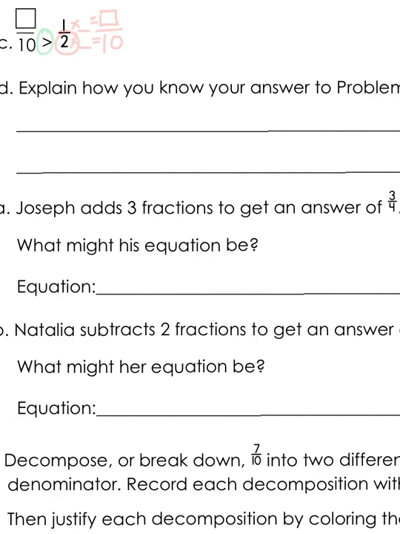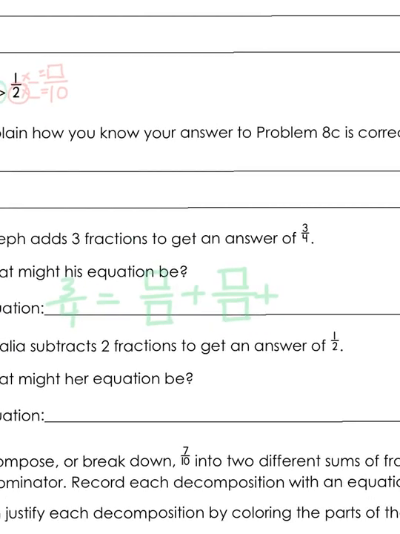So I might look at that this way: 3/4 equals some fraction with the denominator and numerator, plus a second fraction, plus a third fraction. And what might those fractions be? Now remember, when we add fractions, we are only adding the numerator. We have to keep the same denominator.